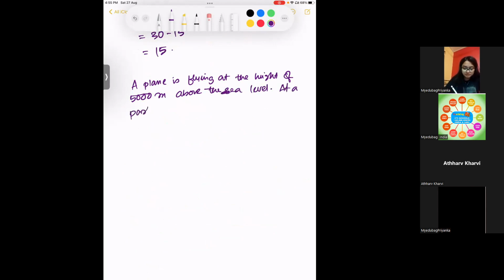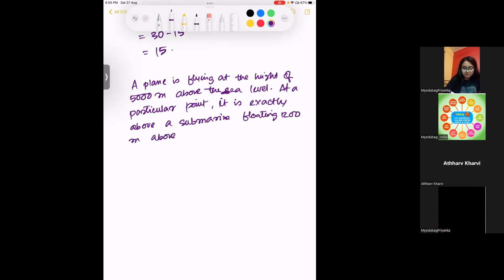At a particular point, it is exactly above a submarine floating 1,200 meters below the sea level.